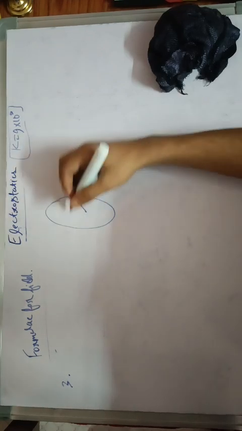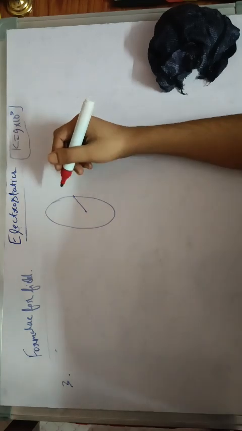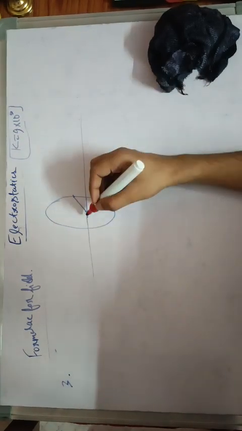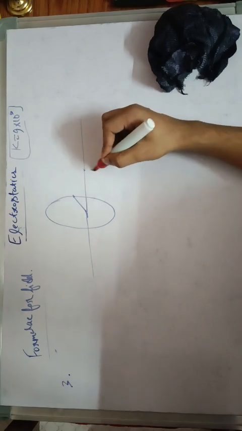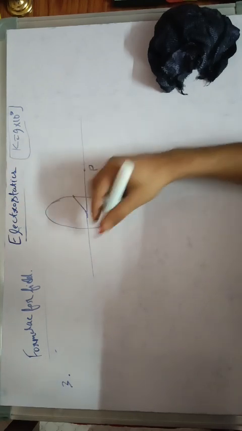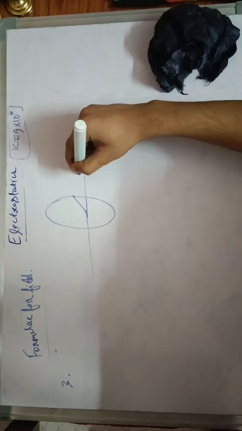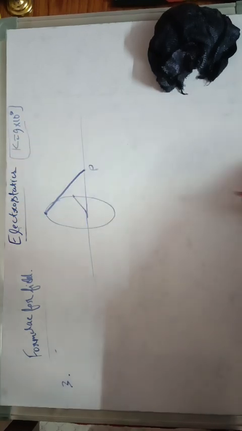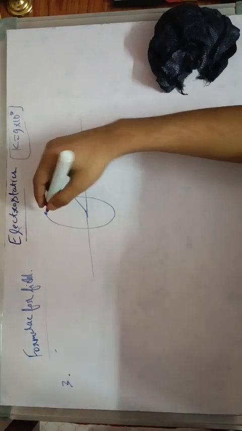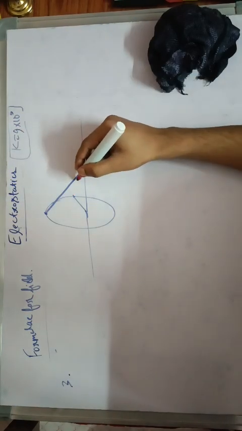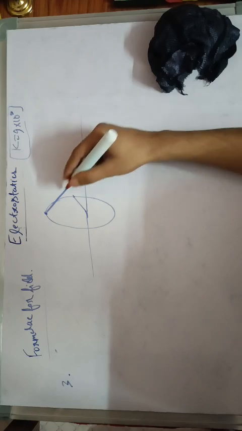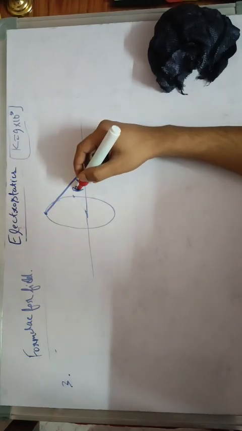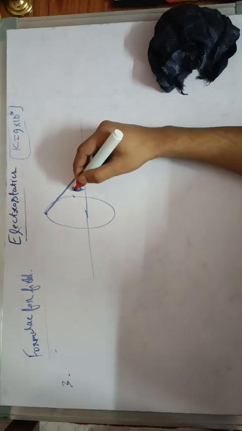There would be a disk with some radius r, and let's say there is a perpendicular axis from the center, and any point P is here from this disk. We choose any point on the circumference and join it with the point P. The angle made by this axis and this line, let's call this beta again.